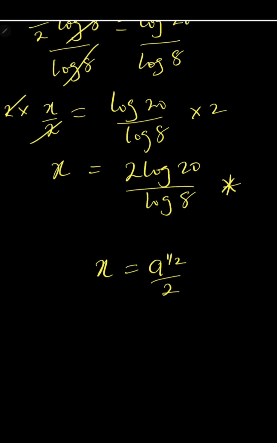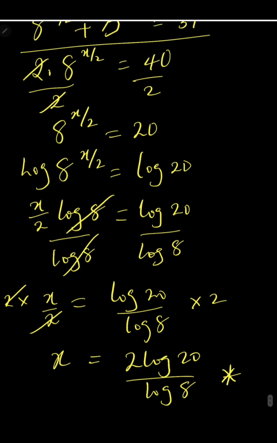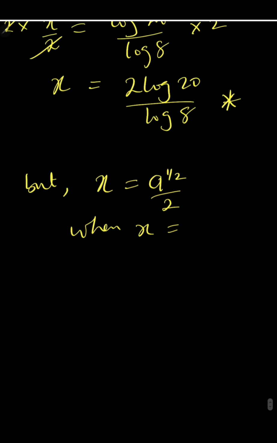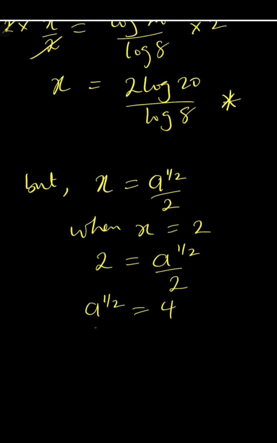So we have that x is equal to a power half over 2. Now, the first value of x we got is 2. So you substitute x as 2 here. When x is equal to 2, we have 2 is equal to a to the power of half all over 2. Cross multiply, a power half is 4, right? Square both sides, the power cancels out, so a is 4 squared, which is 16.